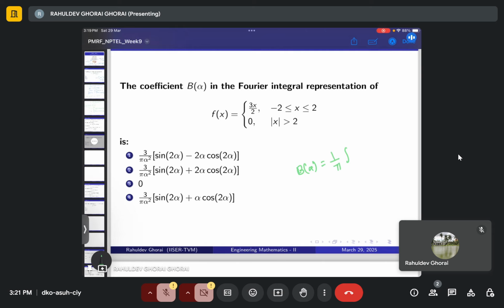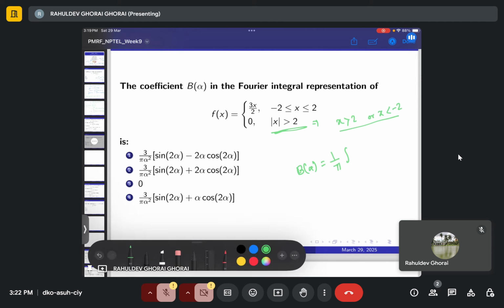So f(x) for x greater than 2 or less than minus 2 is 0.